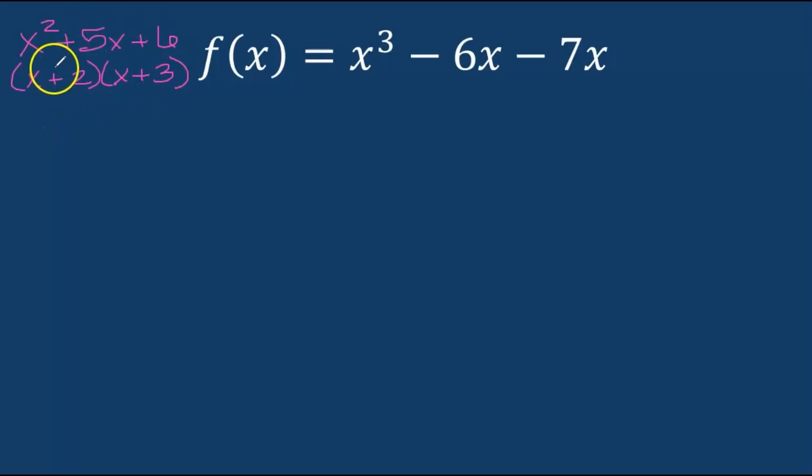If you are very unsure about this, you are going to want to look at my factoring quadratics video, get a little bit more familiar and do some practice, and then come back here. In this case, you're going to search for factoring quadratics.